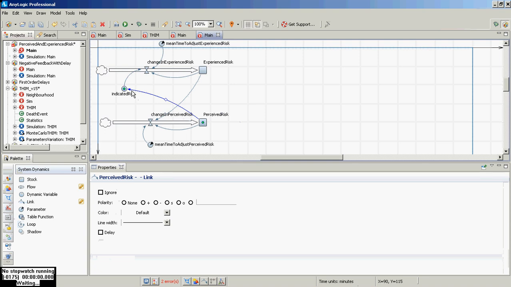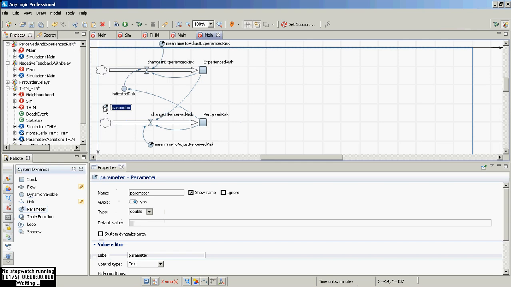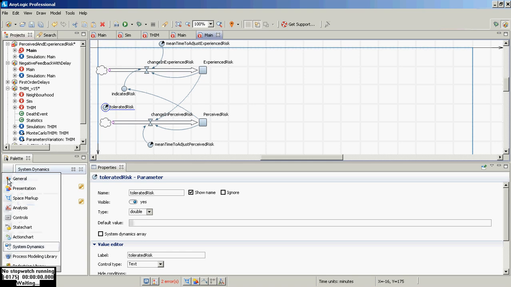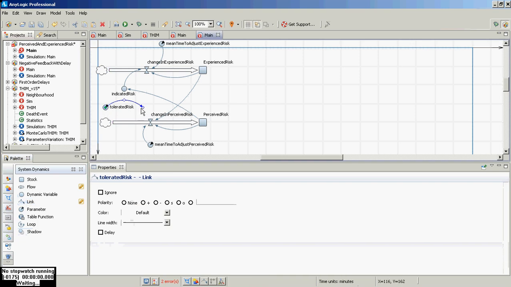And there's a number of ways that we could put this in place. One way is to say this. We will put in a parameter that's called tolerated risk. Okay? Tolerated risk. And this tolerated risk will now be used to determine the indicated risk.